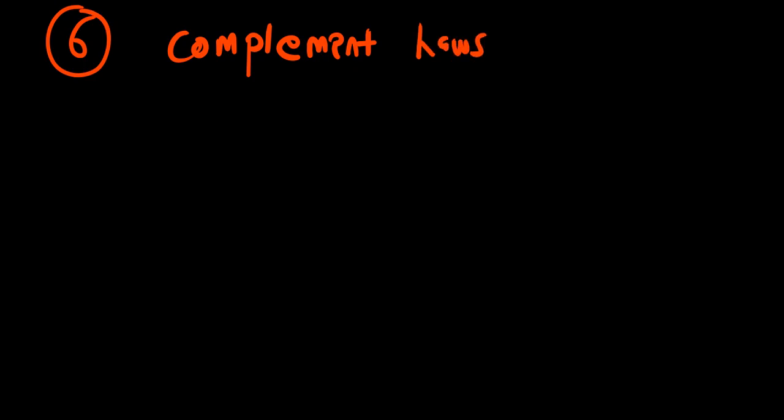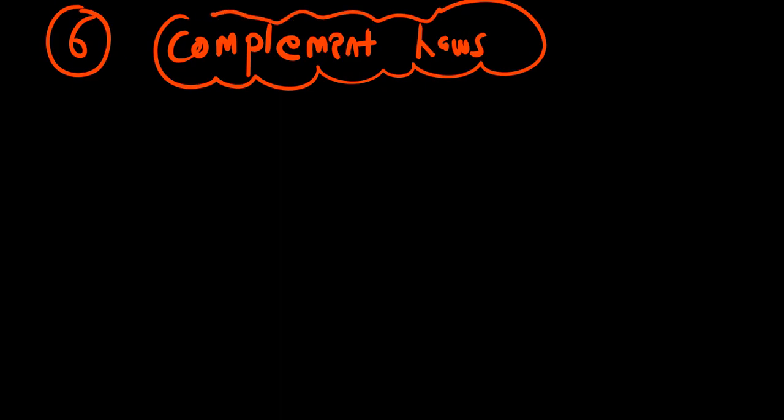Then you also need to understand what we call the complement laws. Now what are these complement laws? When we were introducing this topic, we said there are set operations: you have the union, you have the intersection, then you also have the complement.